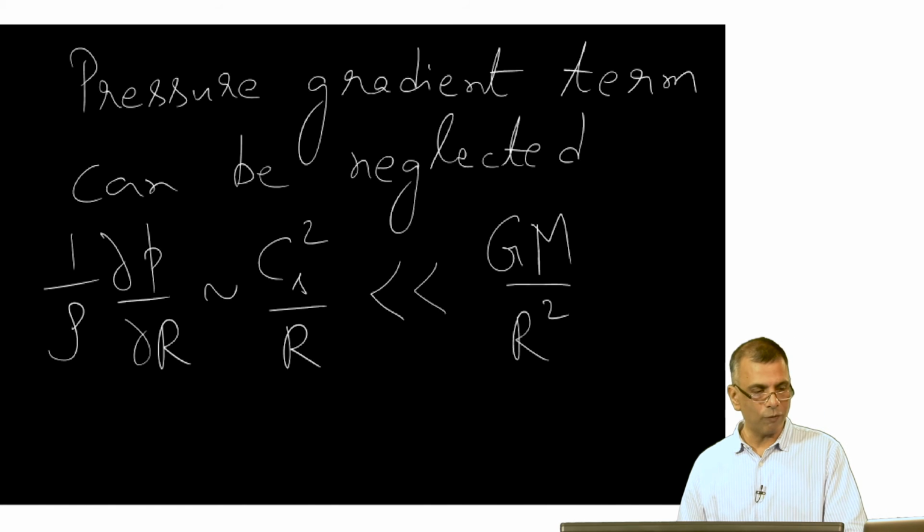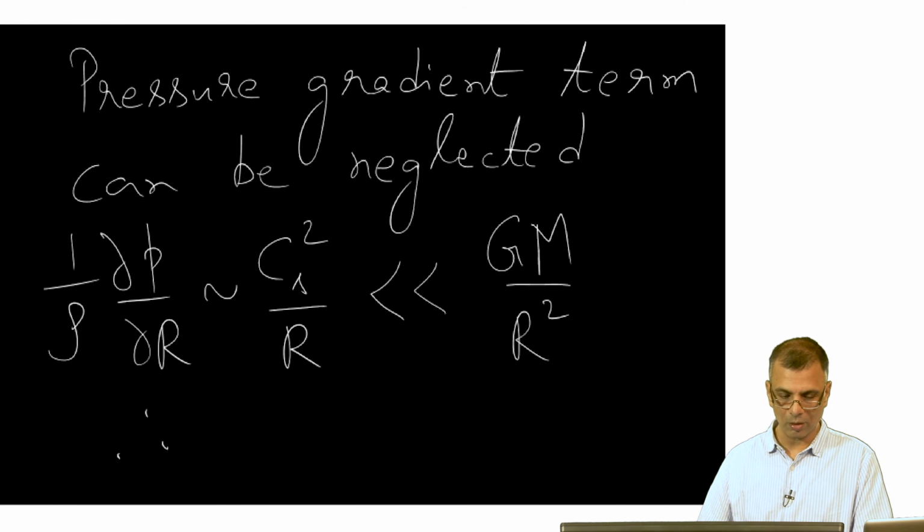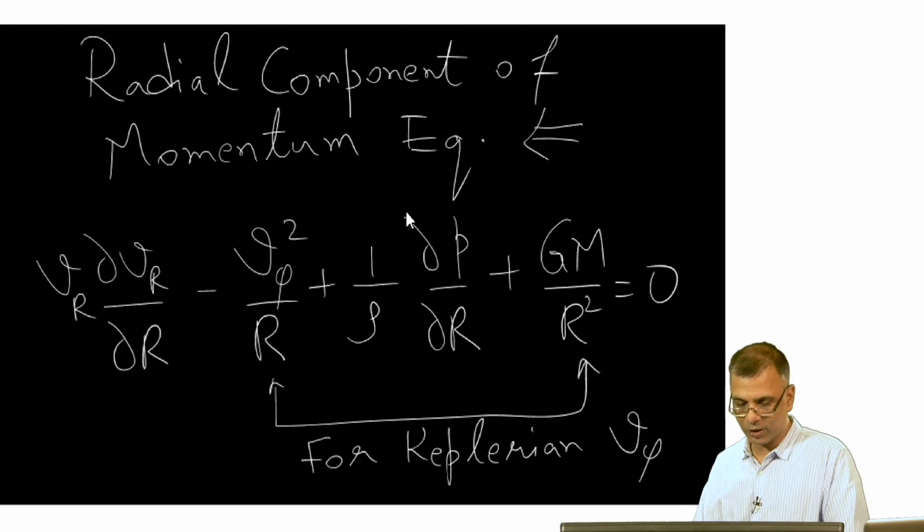So the pressure gradient term can also be neglected. And the VR is small but finite, but since it's very small in comparison with the other terms, it can essentially be neglected.